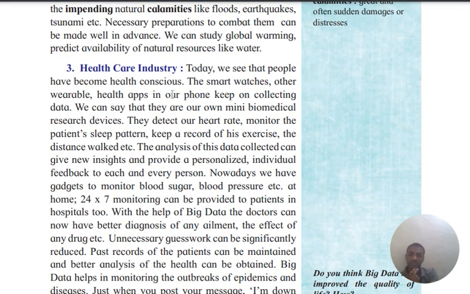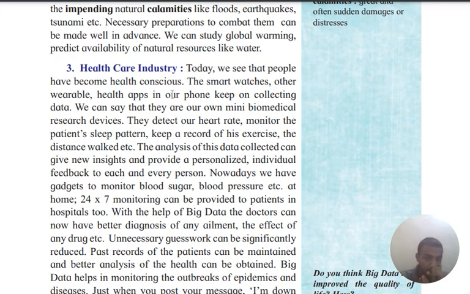Nowadays there are many devices to check blood sugar level and blood pressure. At home, 24/7 monitoring can be provided to patients, and in hospitals too, right? With the help of big data, doctors can now make a better diagnosis.